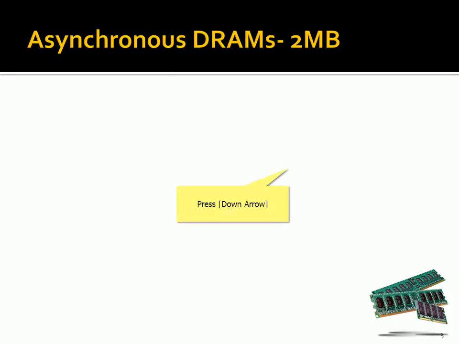Coming to asynchronous dynamic random access memory, let's consider the design of a dynamic random access memory of 2 MB. 2 power 10 is 1 kilobyte, 2 power 20 is 1 MB, and 2 power 21 is 2 MB.